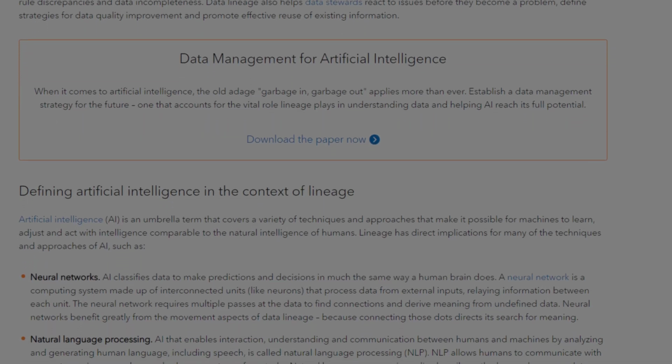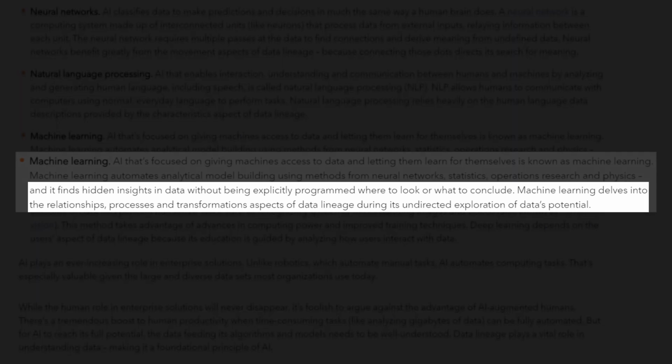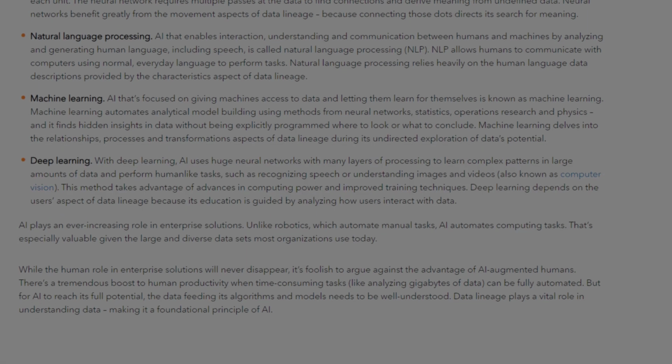Okay, so let's move on to machine learning. Machine learning delves into the relationships, processes, and transformation aspects of data lineage during its undirected exploration of data's potential. Okay, deep learning.